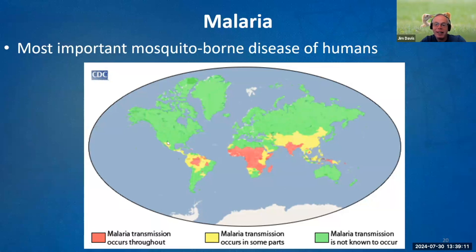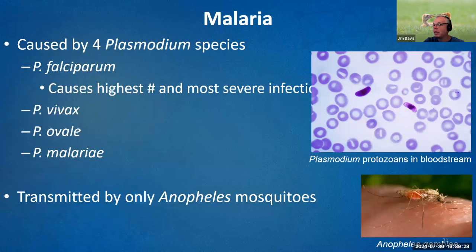So here you have Central America, Africa, India, and everywhere else. A lot of places have it. 90% of malaria cases and deaths were in Africa in 2016. Pretty amazing. They have different plasmodium species that cause this disease.